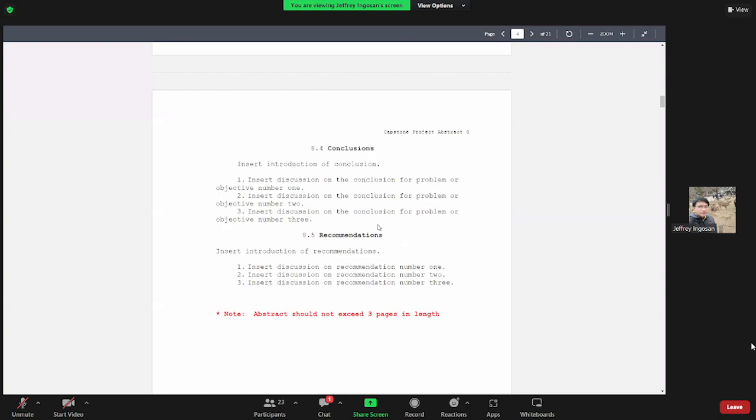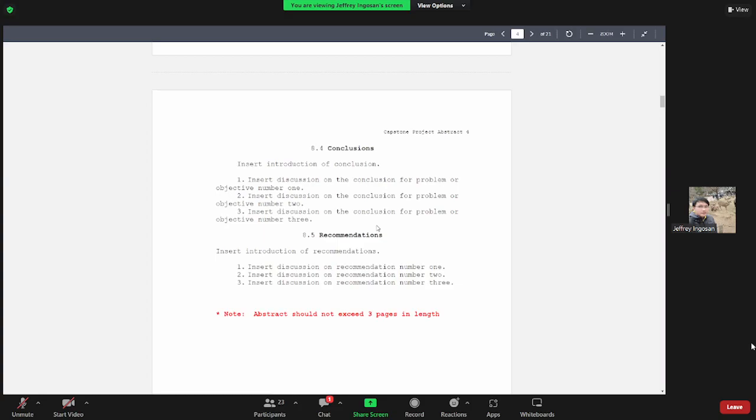So as early as now, you start following the formats. There were instances in the past where some of the students took so long to finalize their manuscript, not because they had problems with the content, but because they could not follow the format.